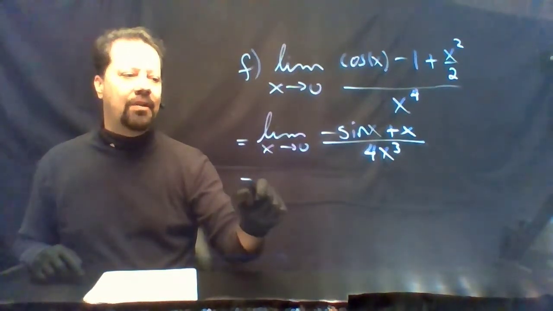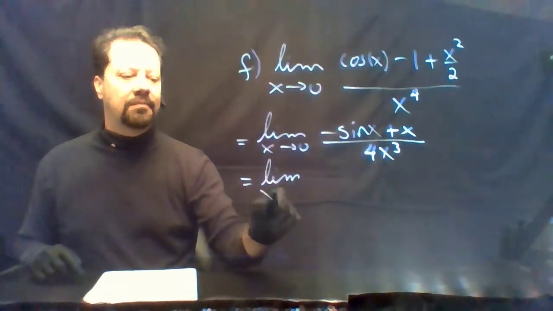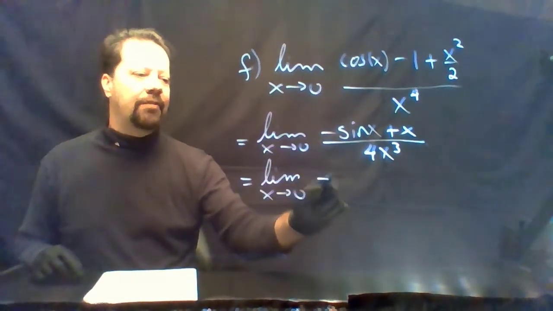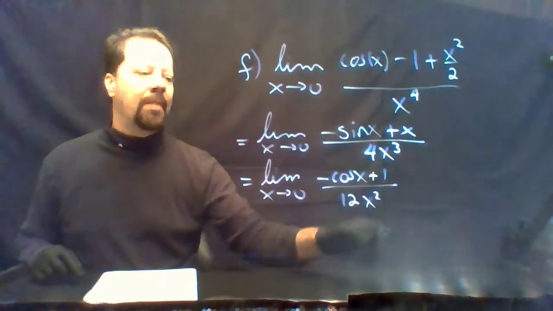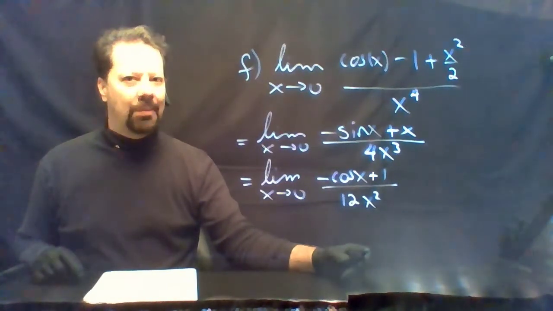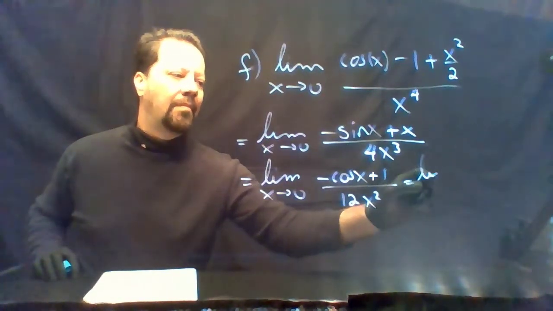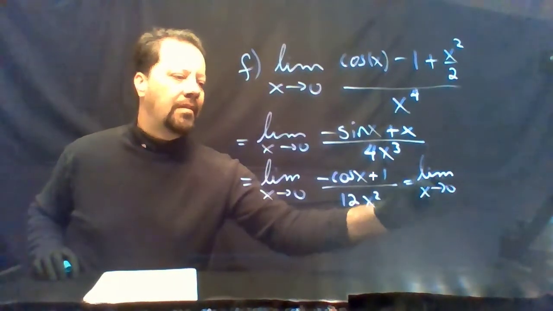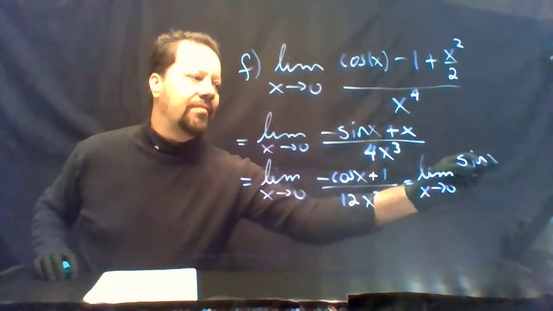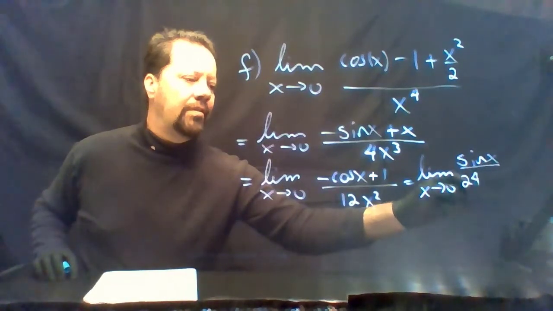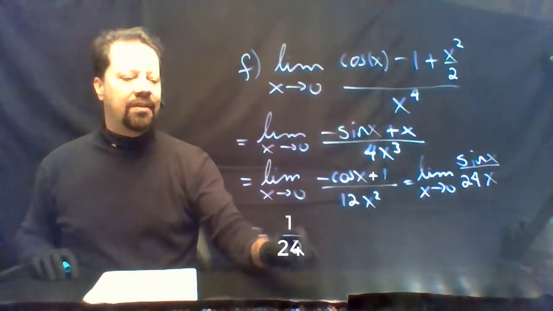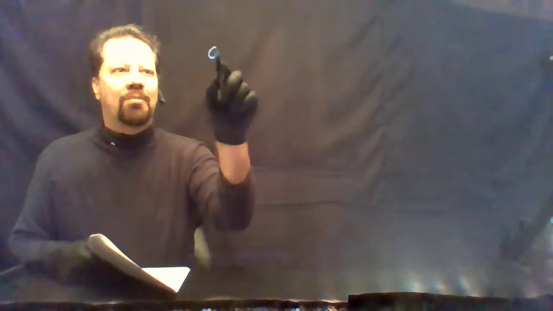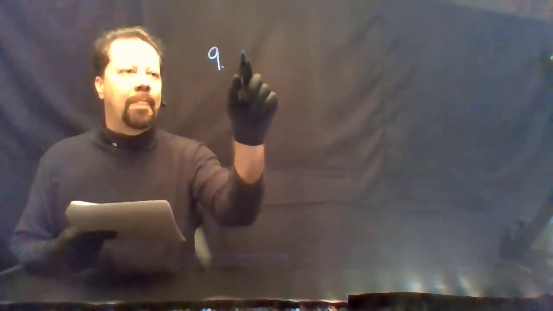We again have a L'Hopital's rule problem. Taking the derivative, we get negative cosine of x minus 1 over 12x squared, which is again a L'Hopital's rule problem. We'll have sine x over 24x. Sine x over x tends to 1, so the answer is 1/24. We're halfway done.